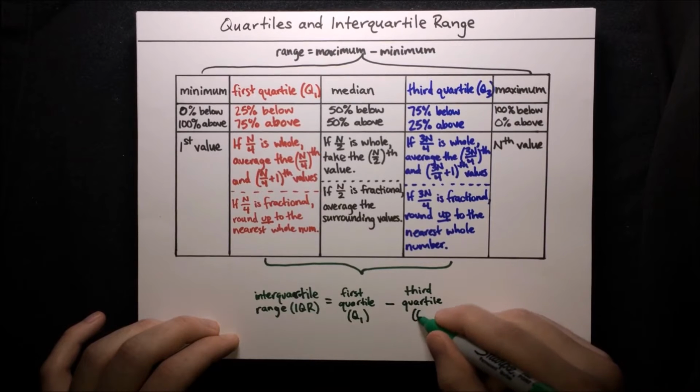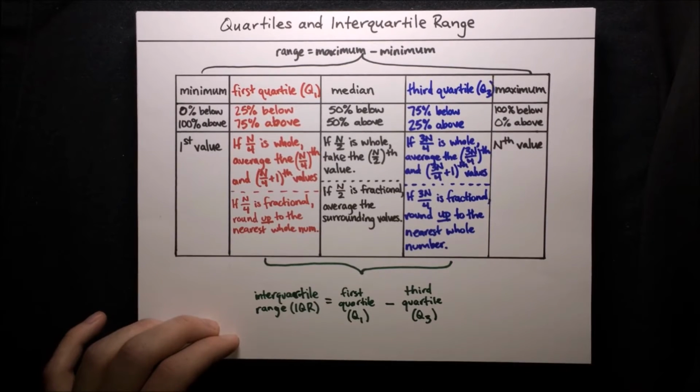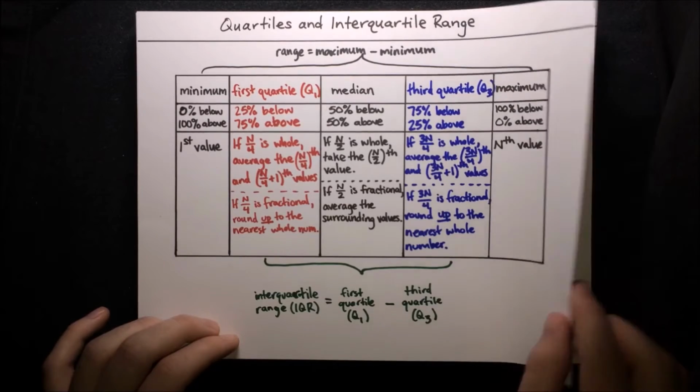So there we go. That's how the first quartile, third quartile, and interquartile range are defined. And now that we know this, let's go ahead and work some practice problems.